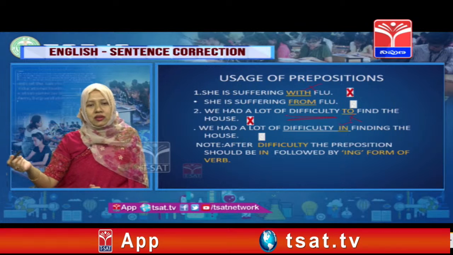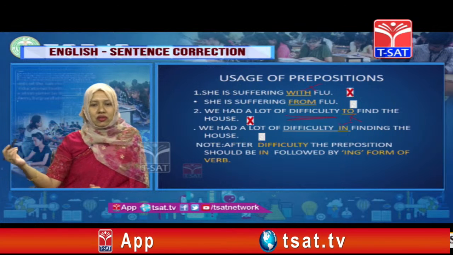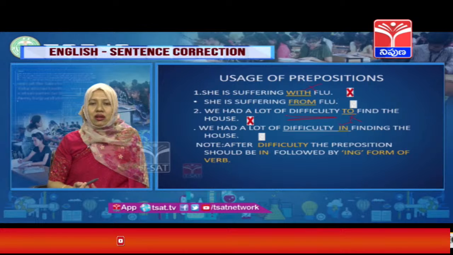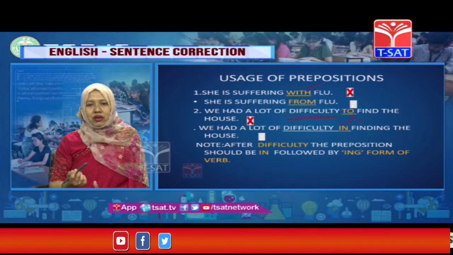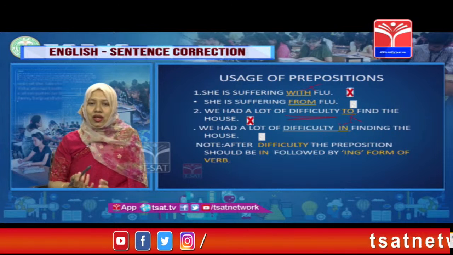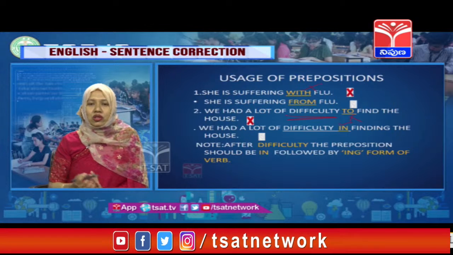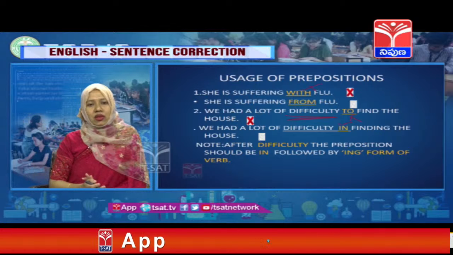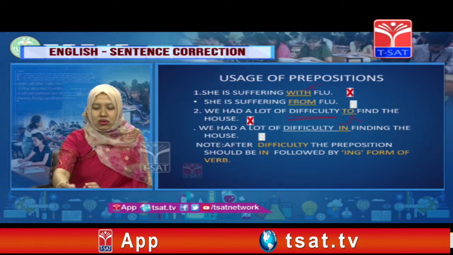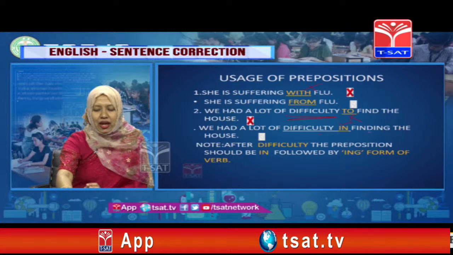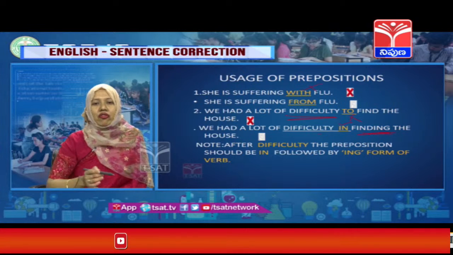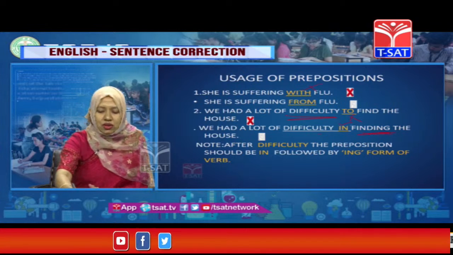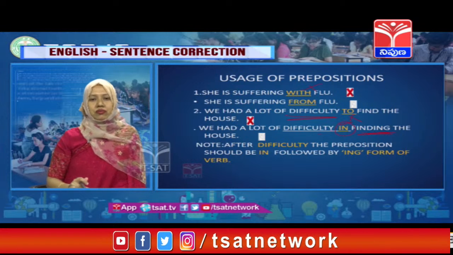You went to a new place, searching for some address, and with great difficulty you found it. But when you get there, you will say, we had a lot of difficulty in finding the house, not to find the house. So whenever there is difficulty and the verb is in ing form, always use the preposition "in".